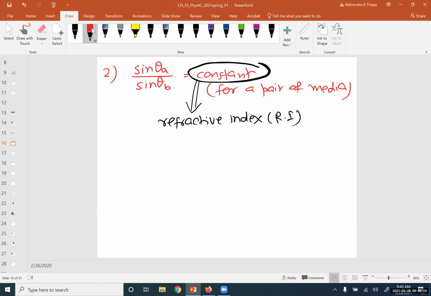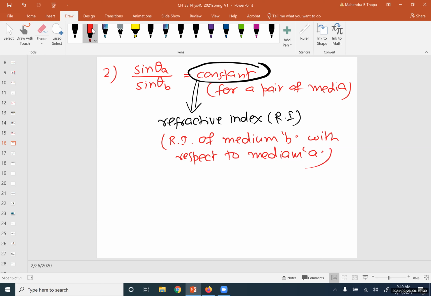So in short we can say Ri. Okay, so in our case we can say here the refractive index of medium B with respect to medium 1. Okay, in our case medium 2 is glass, and medium 1 is air.